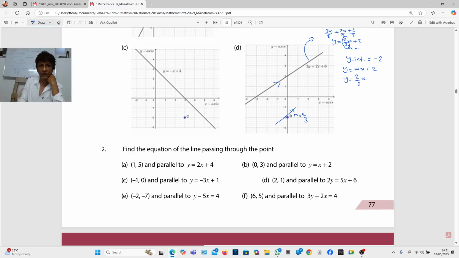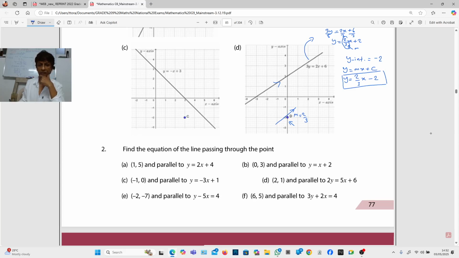So rather, sorry, by mistake here. So y = mx + c, and our c here is now minus 2 because it crosses at minus 2. So plus minus 2. So here we are. That's the answer to the third part of this question when it comes to parallel lines.